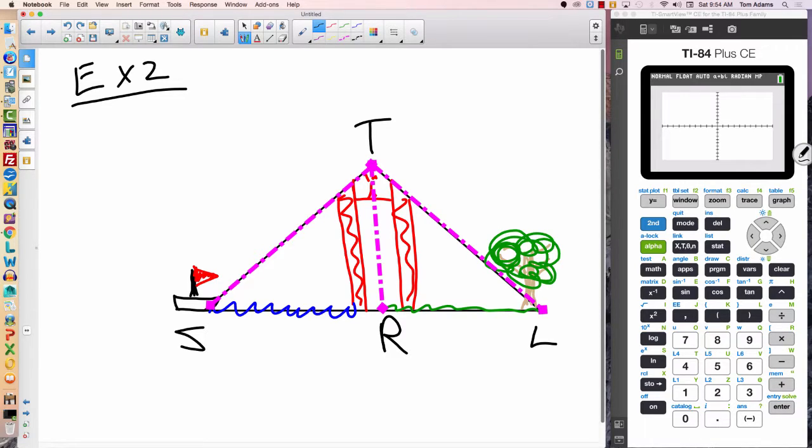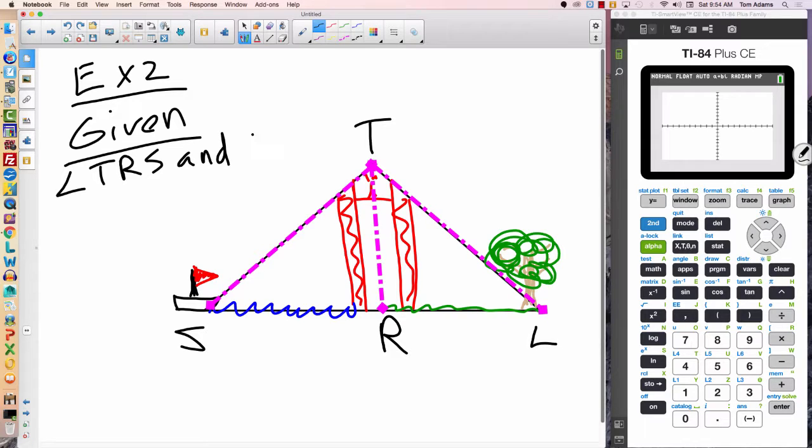And basically what's given to us in this image is that he used symmetry basically to show that angle TRS and angle TRL are right angles.